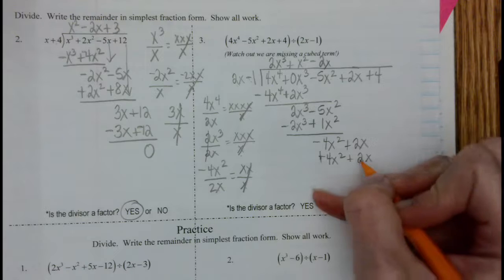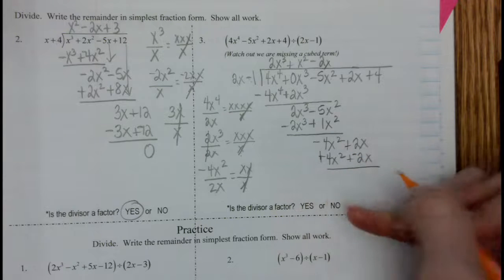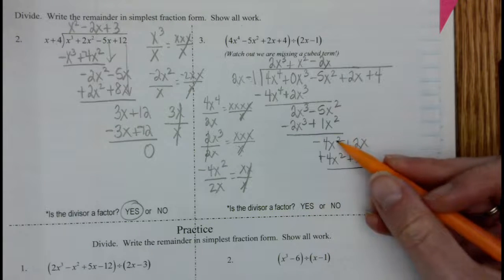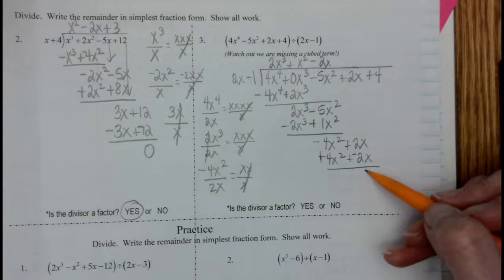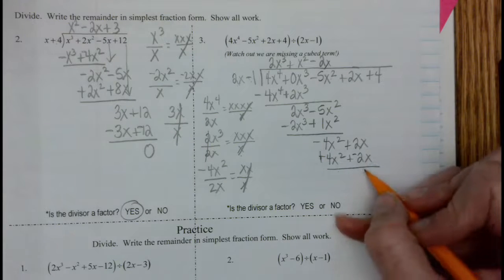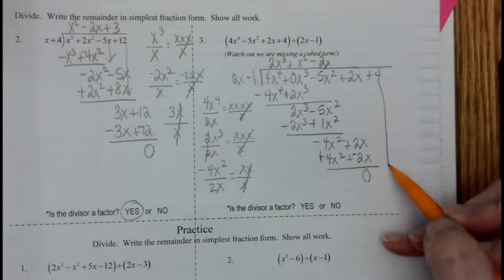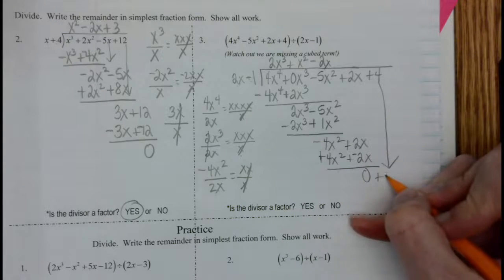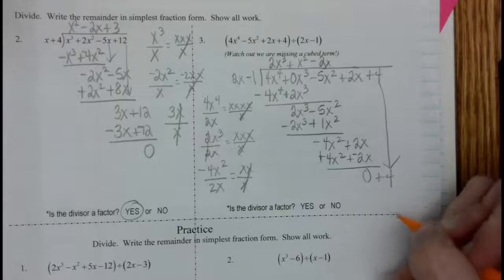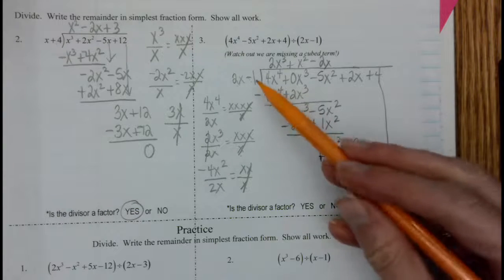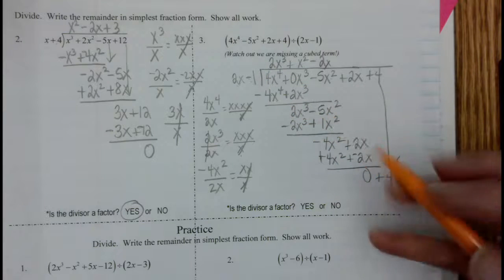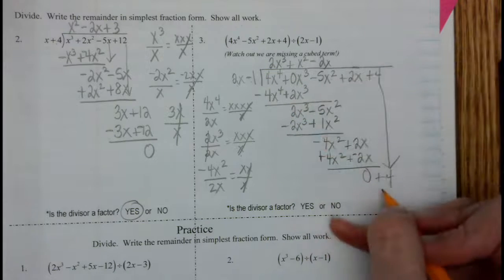Change those signs. And the thing here is, not only do the 4x squareds cancel out, but the 2x's also ended up canceling out. So we get a 0 there, but we still have this 4, which is going to end up being the remainder, because we can't divide 4 by 2x. So that's going to be our remainder.